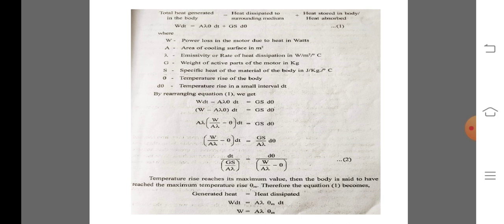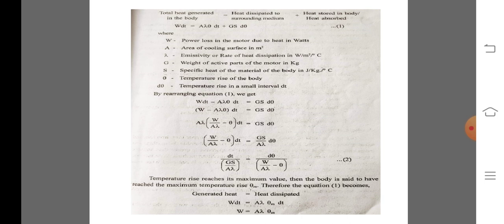This equals the heat dissipated to the surrounding medium, A lambda theta dt, plus the heat stored in the body, Gs d theta. The equation holds at equilibrium under the mathematical operating condition.